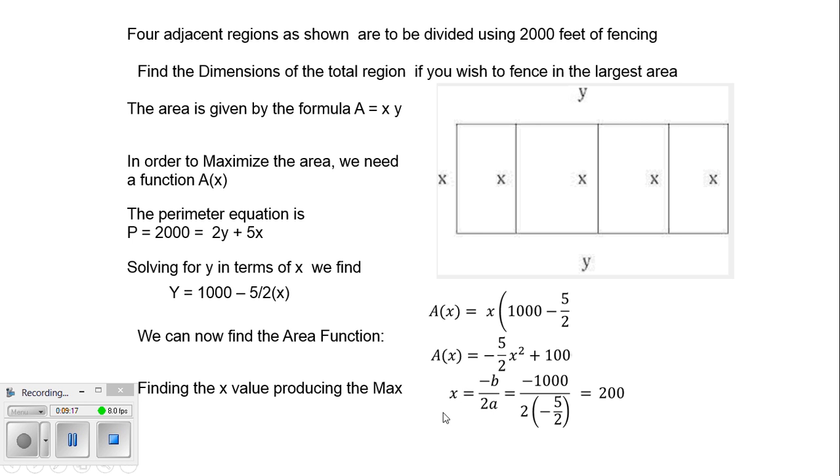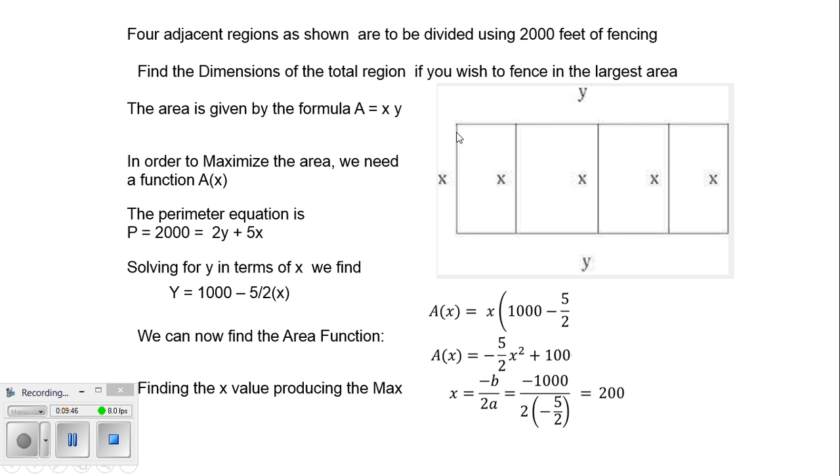Negative B over 2A is computed from negative 5 halves X squared plus 1,000X. That's 1,000X; the slide has a typo there, so be mindful of that. So negative B over 2A is negative 1,000 over 2 times negative 5 halves, which means our lengths of X are going to be 200.